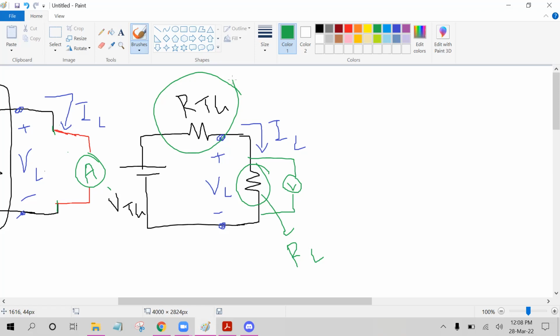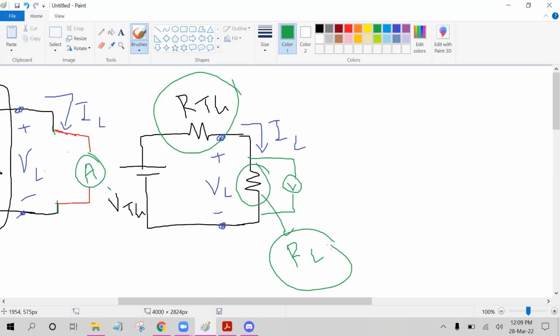We do not get any mechanical work from that power. Only the power absorbed in load is actually converted into work or some sort of other energy, right? So we want the load resistor to absorb, or dissipate, the maximum amount of power.